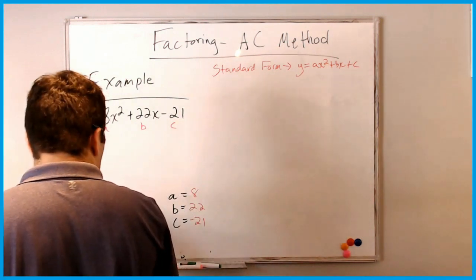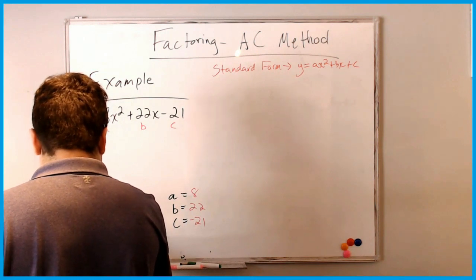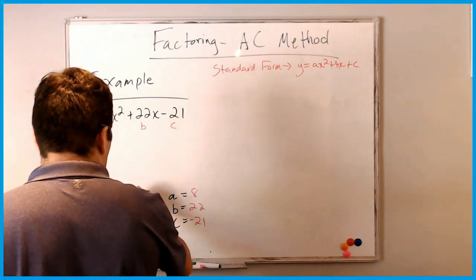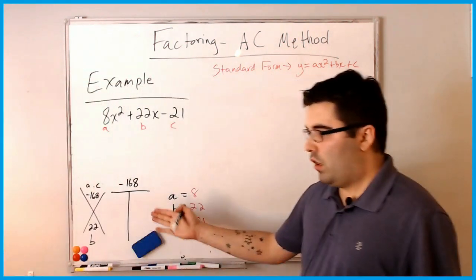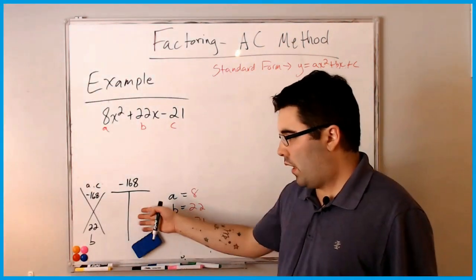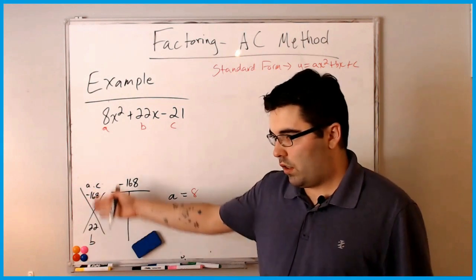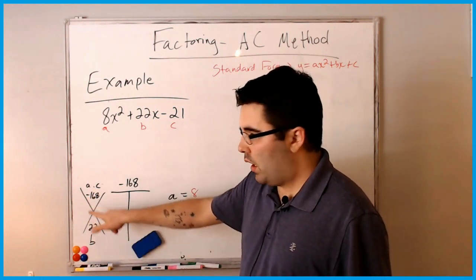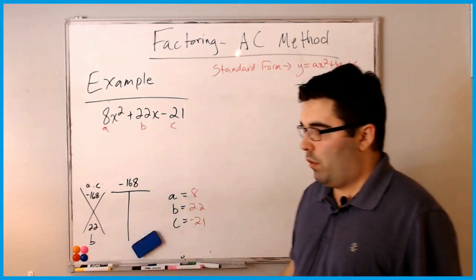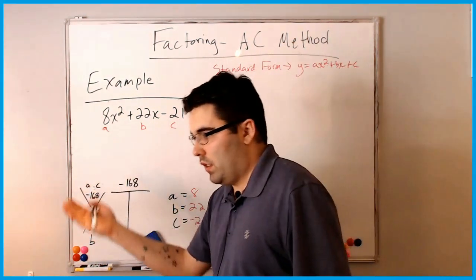And B is just 22. All right, so what I've written here is negative 168 because we need to find the factors. And I started filling in our little X chart here. Again, we're trying to find numbers that multiply to negative 168, but add to 22. And the way we do that is by factoring 168.